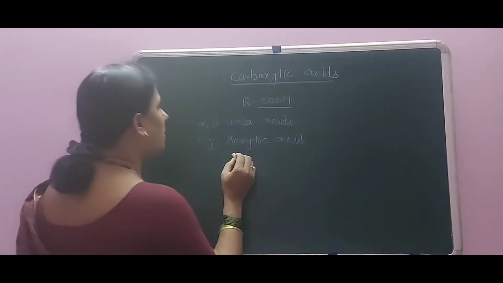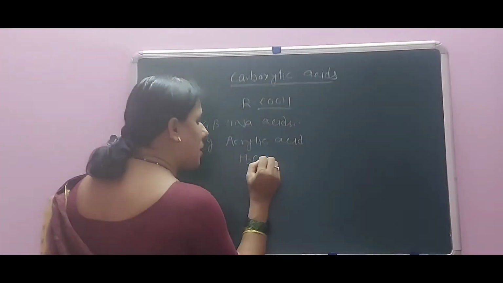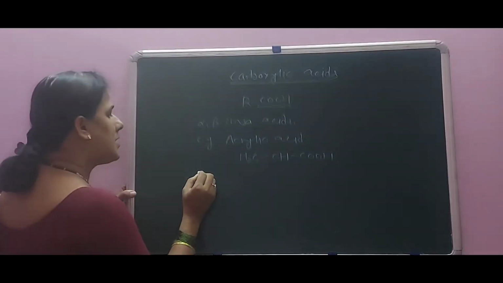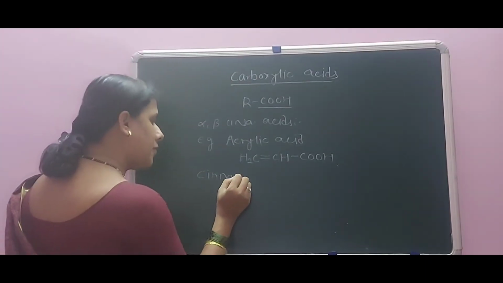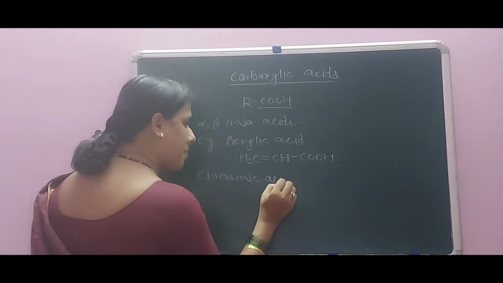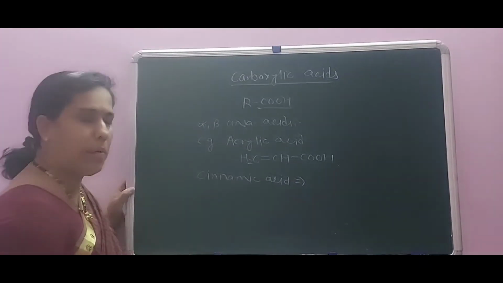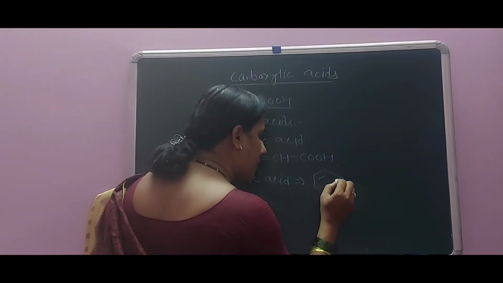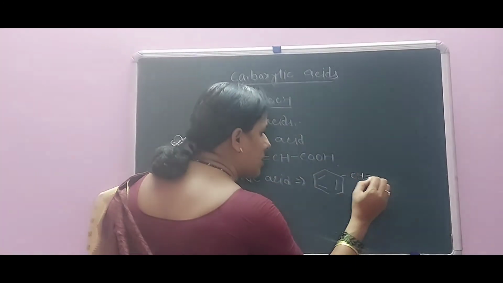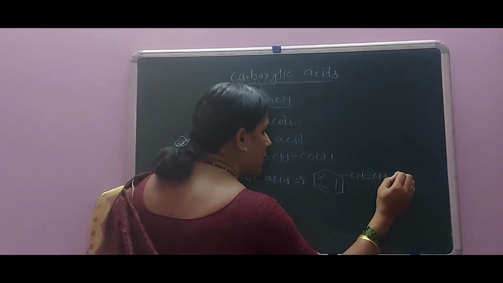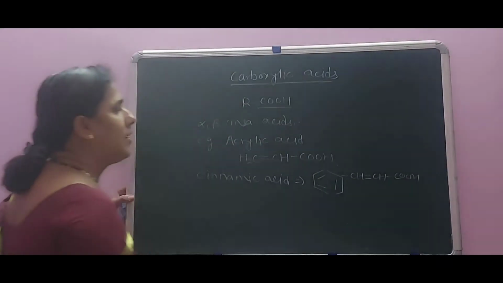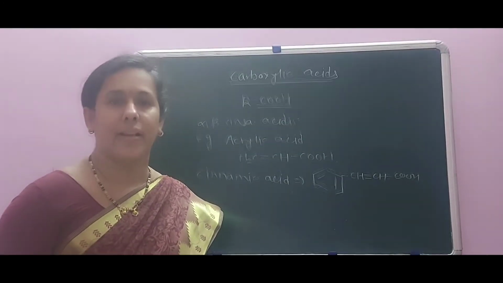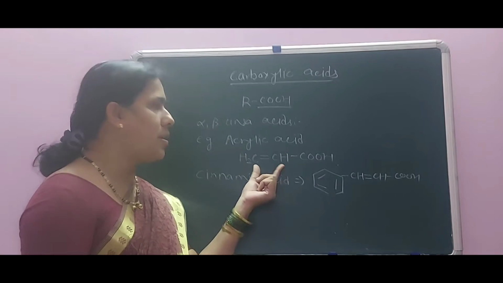Acrylic acid has the formula CH2=CH-COOH. The second one is cinnamic acid, which has a benzene ring here, and it carries CH=CH-COOH. These are examples of unsaturated acids. One by one we are going to discuss them.